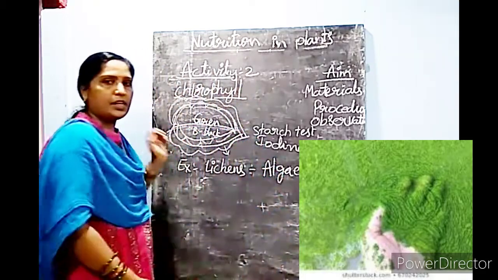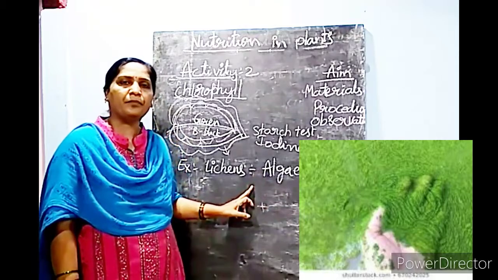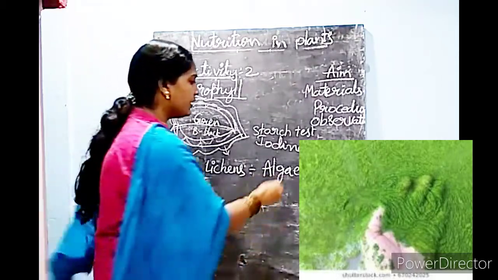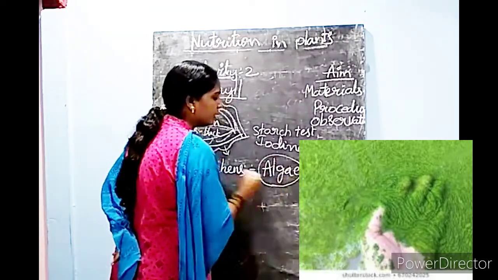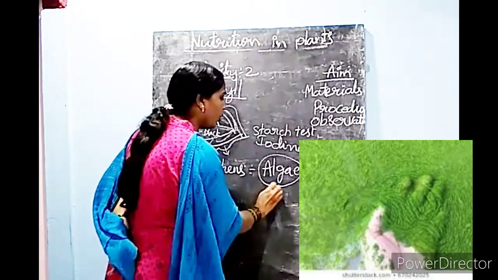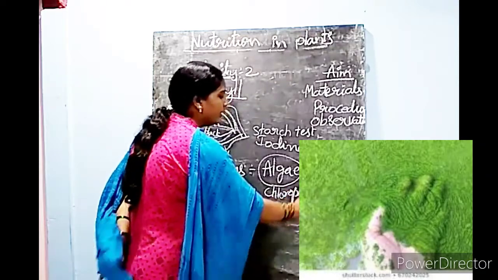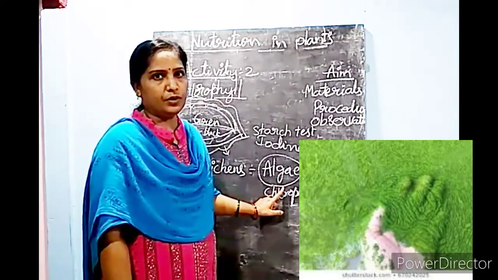When algae and fungi live together, they form lichens. Algae are nothing but a type of plants. They have chlorophyll. They can make their own food.